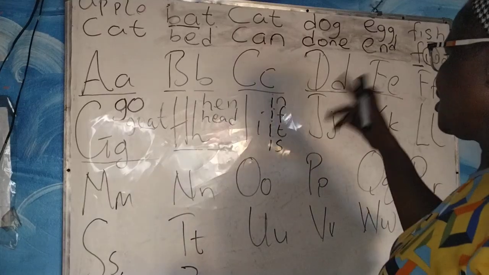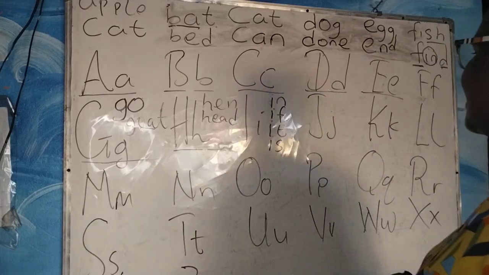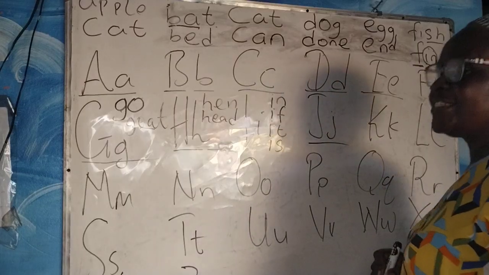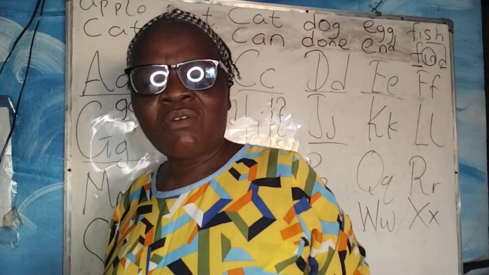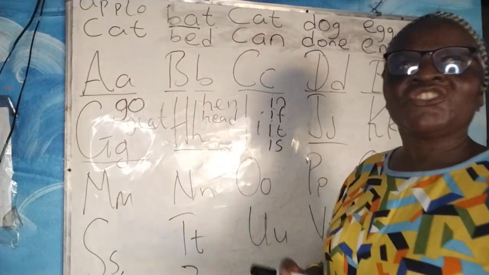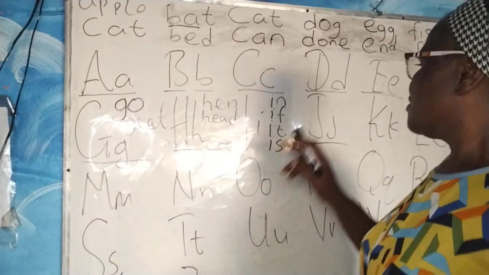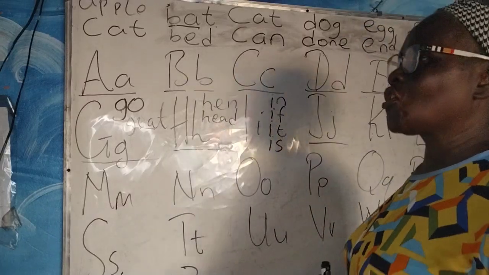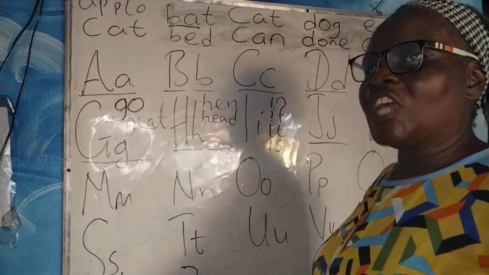Now let's go to the next letter, J. Letter J sounds J, J, J. What's the sound of letter J? J. As in jog, jump, jet, and so on.